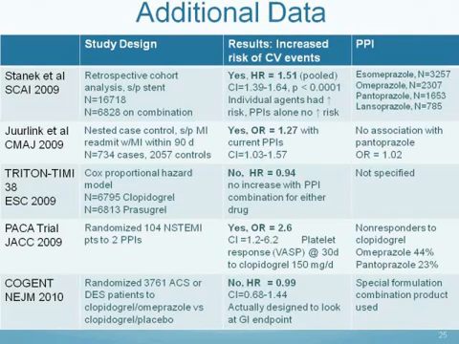And again, you can see that, of these 5 trials, 3 of them found a relationship, 2 of them did not. And just to summarize, there's been a lot of data, but it's not been consistent.